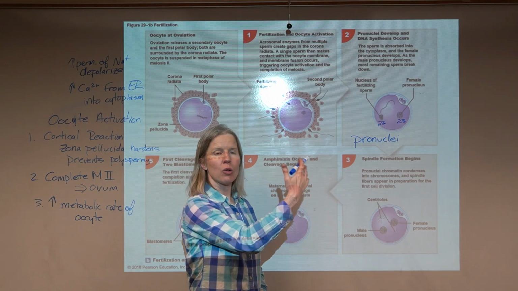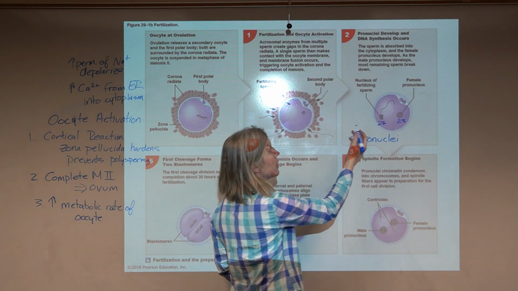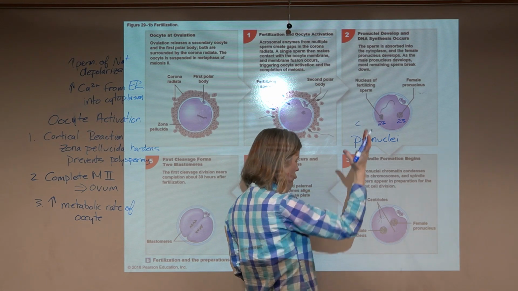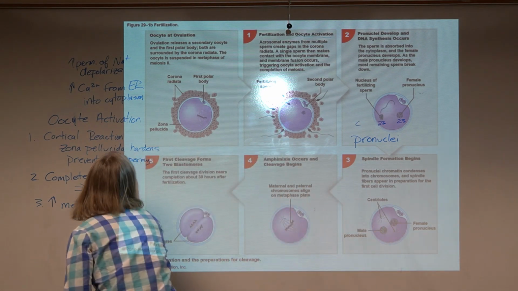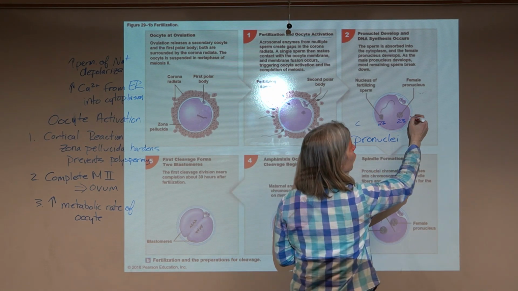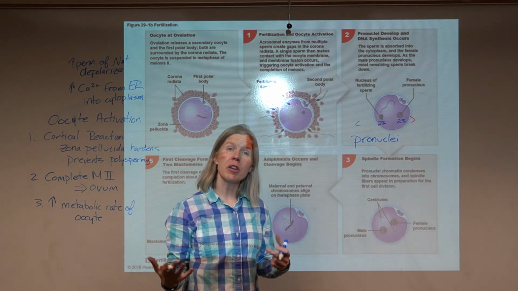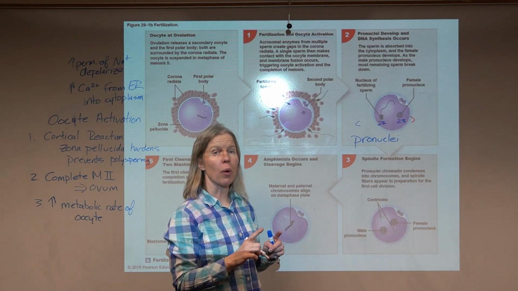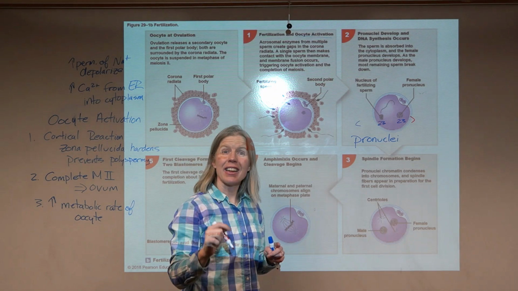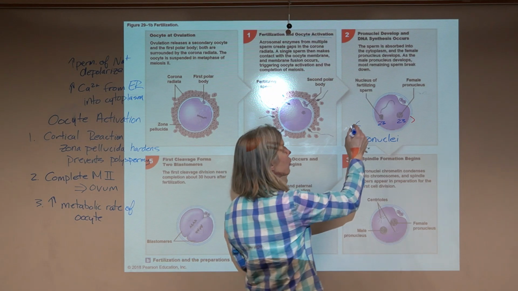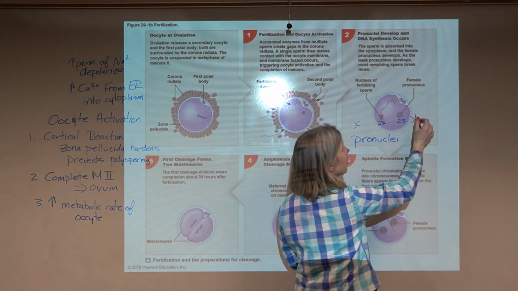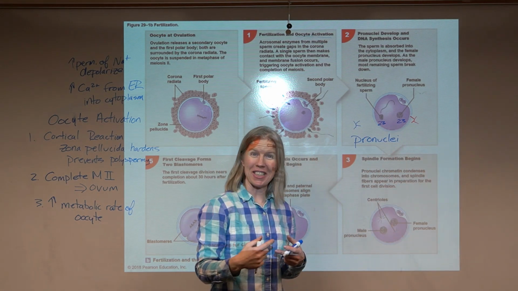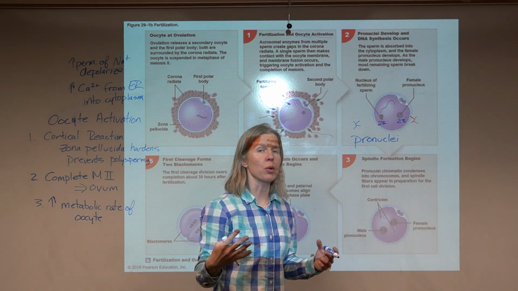In the male pronucleus, here's, say, chromosome 1, and here's chromosome 1 in the female pronucleus. What we need to have happen at this point is DNA synthesis, right? They actually each need to build the sister chromatid, so they look like normal chromosomes again.